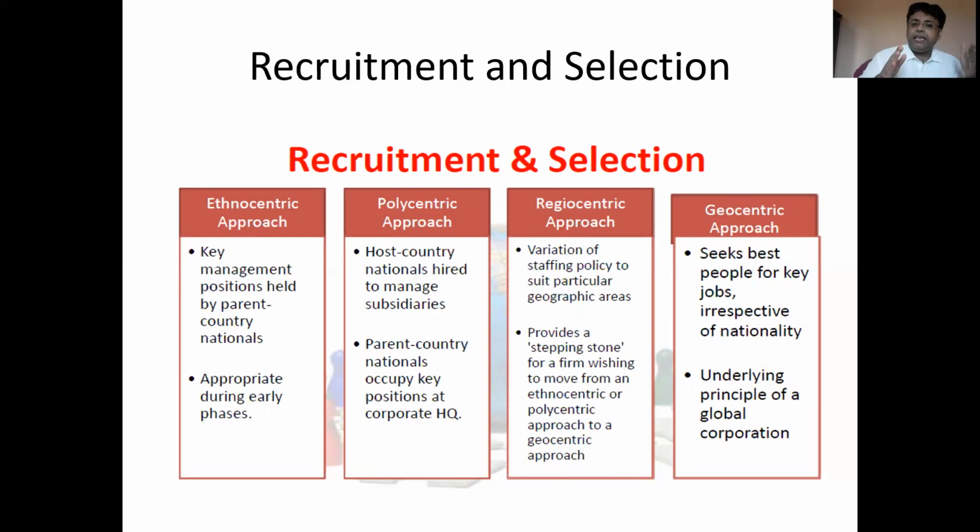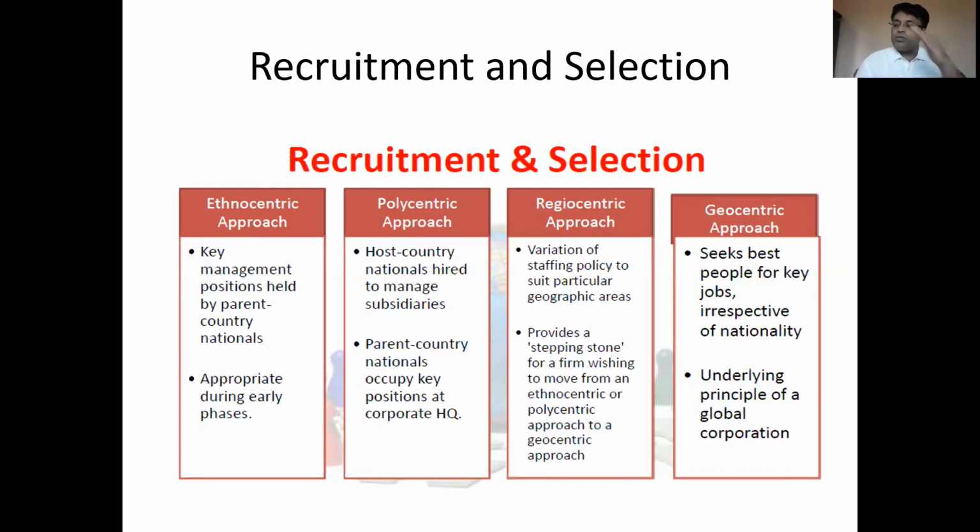The key management positions are held by the parent country nationals, appropriate during the early phase. Infosys, an Indian company, has opened an office in the US. The major important management positions are held by Indians. That is the concept of the ethnocentric approach.